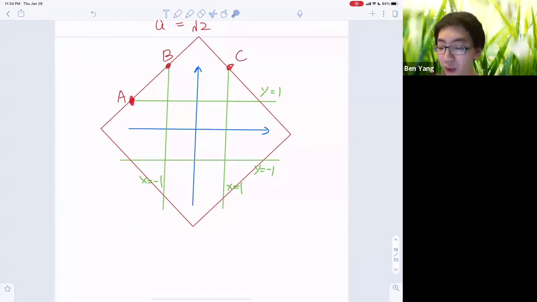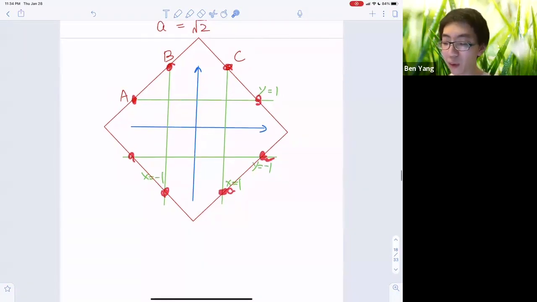So the 8 points are these 8 points. It might be possible for those 8 points to be the 8 vertices of a regular octagon. So here, again, we want AB to be equal to BC.